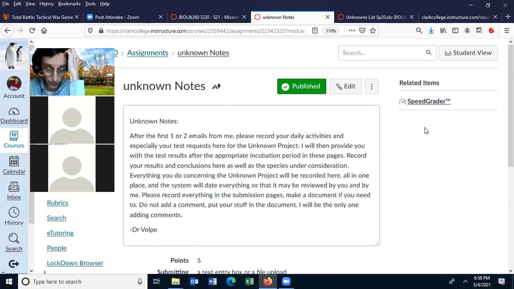The very first thing I'm going to do is send you the number of your bacteria. You need to put down that number in your unknown notes, because if you ask for, I don't know, glucose fermentation, I will say, well, that's good, I would like to send that to you, but in your unknown notes you don't have your unknown number, so I don't know what results to send you.